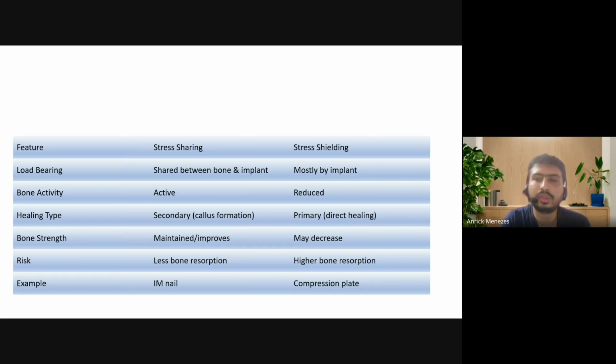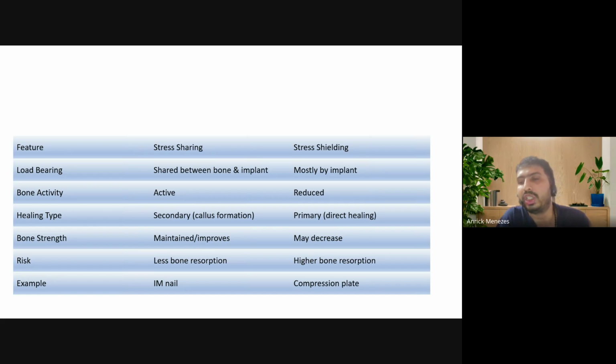Why can we go with the stress sharing device? One more thing: if you have complicated fractures with a lot of fragments where bone healing is a concern, or you have comorbidities which already delay bone healing, then even in young individuals we may choose a stress shielding device.